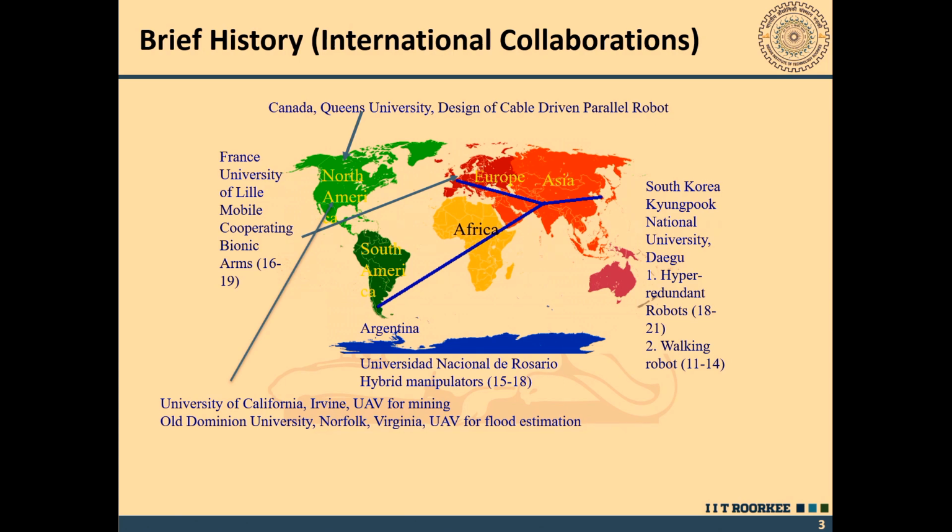In Asia, with Kanpur National University, we had two 3-year projects on the hyper redundant robot and the walking robot. Then in Europe, we have collaboration with France University of Lille, and we worked on the mobile cooperative bionic robot. In South America, we have had collaboration with University of Nacional de Rosario on the hybrid manipulator.